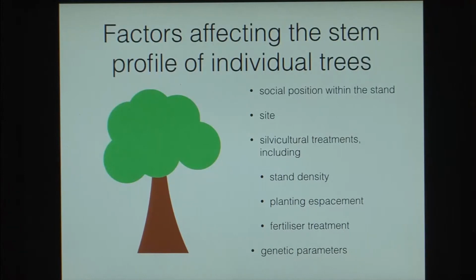As we can see in this slide, it is affected by a number of factors, say the social position within the stand, the site conditions, and the silvicultural treatments including stand density, planting espacement, fertilizer treatment and genetic parameters. When we know that these are the factors that impact tree form, can we engineer these?